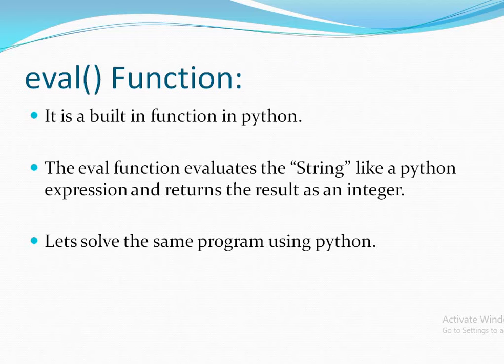So for that reason, we have to use another built-in function, which is eval. The purpose of the eval function is that it takes the string from the input and returns the integer value of that corresponding string.